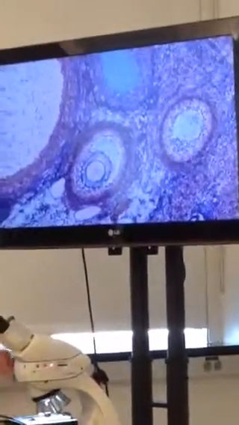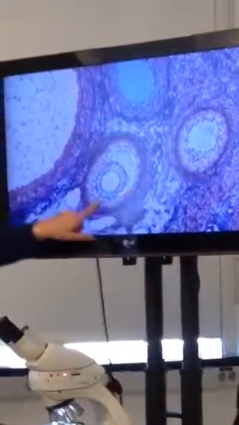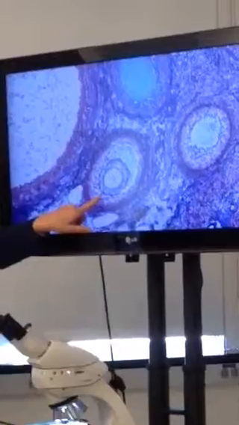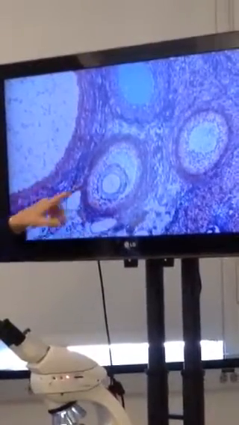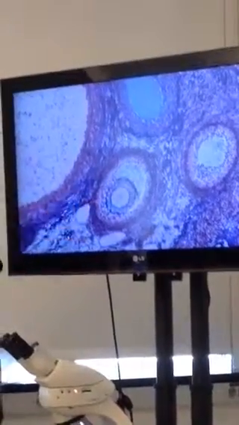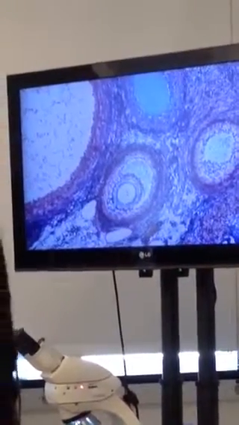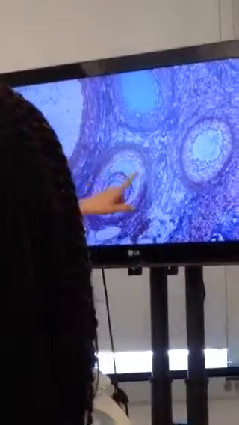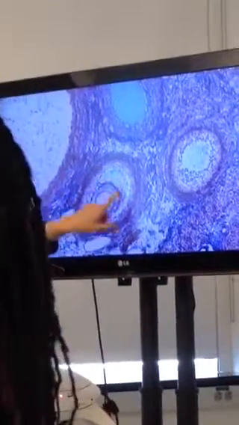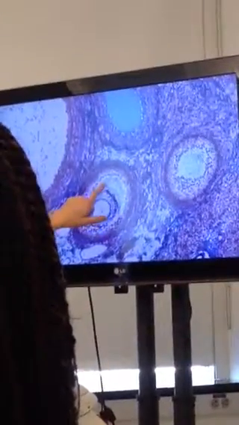Okay, now this one right here is a secondary follicle, and here's what you use to distinguish them. The primary follicle that I just showed you had a solid ring of cells around it. But once you start seeing a crack develop in it, I don't know if that looks like a crack to you, there's a big cavity forming in there, and there's some stuff in there.